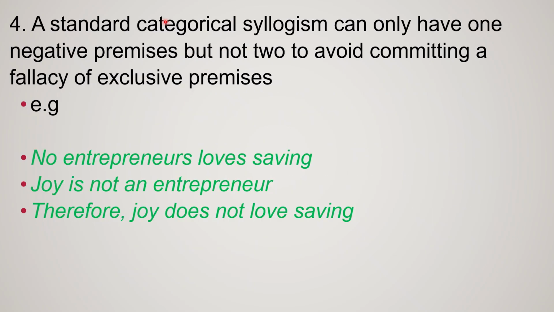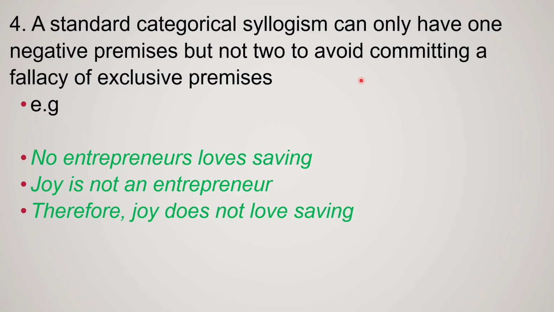The fourth rule of categorical syllogism is that a standard categorical syllogism can only have one negative premise, but not two. You can only have one negative premise, but not two, to avoid committing a fallacy of exclusive premises.